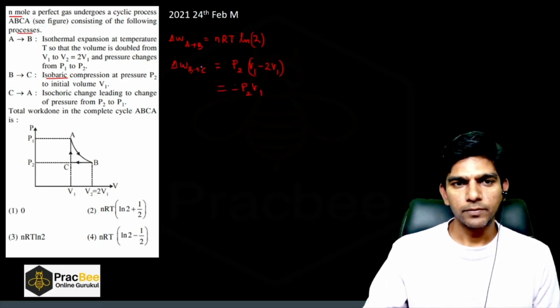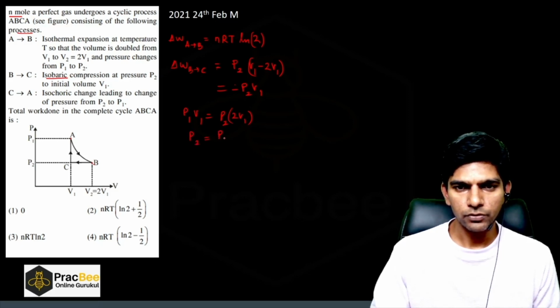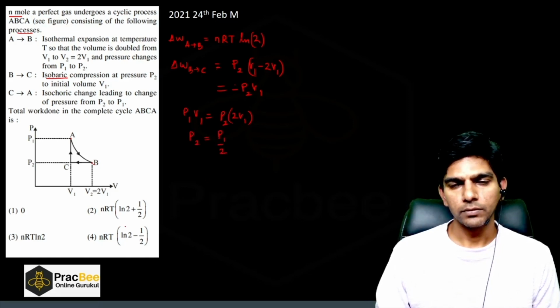Okay, since A and B are two points on the same isotherm, we can say P1 V1 is equal to P2 2V1, right? So we can say P2 is half of P1, right?